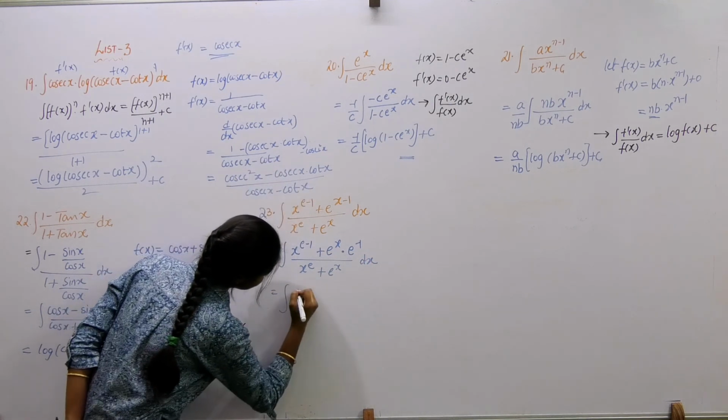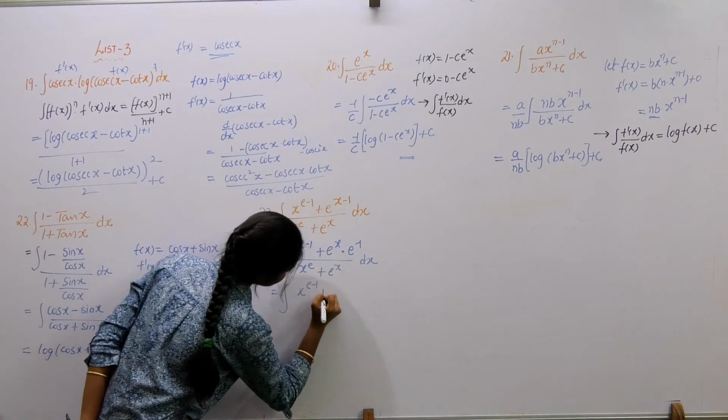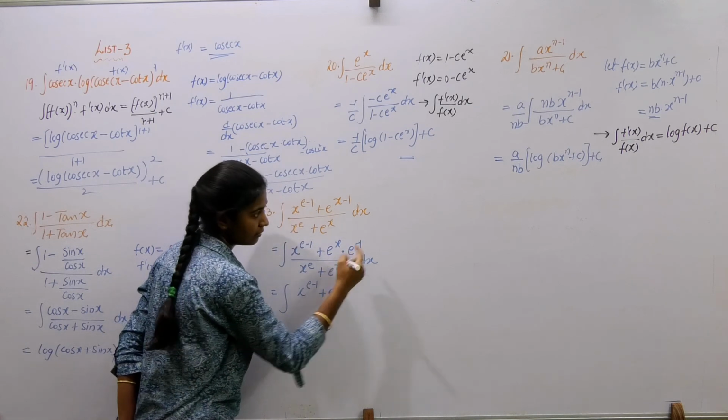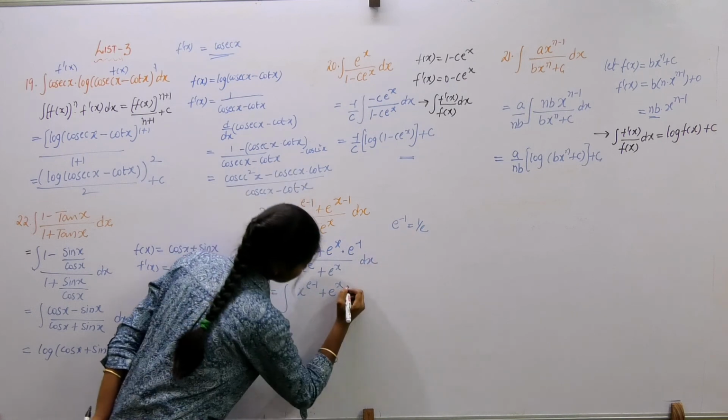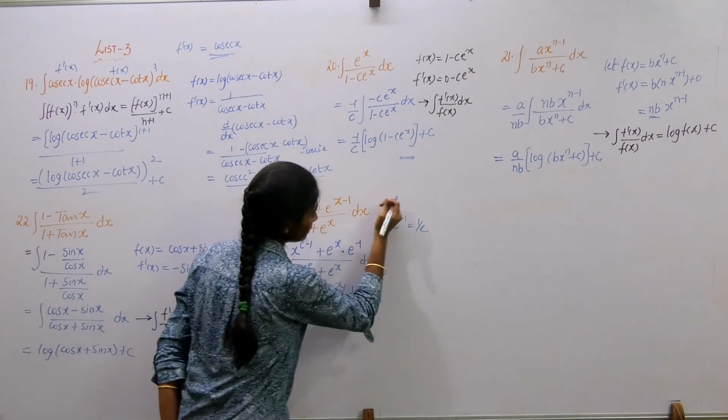The next step, we can write e power minus 1 as 1 by e. I will write it here, 1 by e.